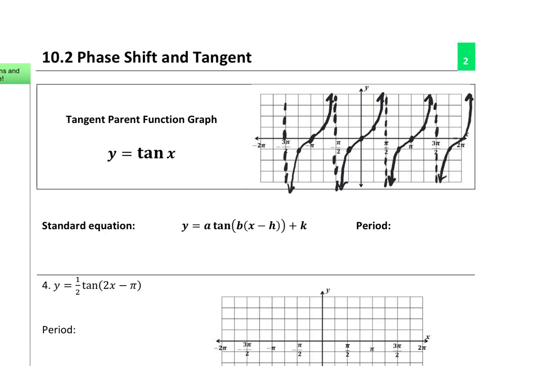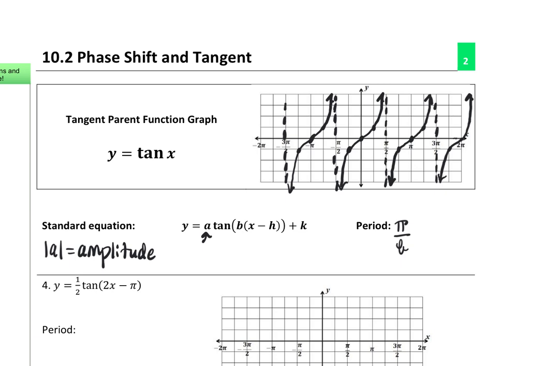Okay, how can it be changed? Well, just like before, if you see this a here, the absolute value of a is our amplitude, same as before. That kind of tells us where that point is on the side of the origin. The b, of course, helps us with our period, but period on this one is always pi, not 2 pi, because the whole thing is a distance of pi between the undefined values.